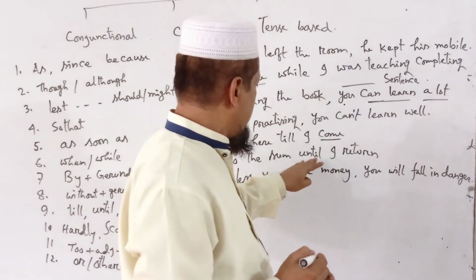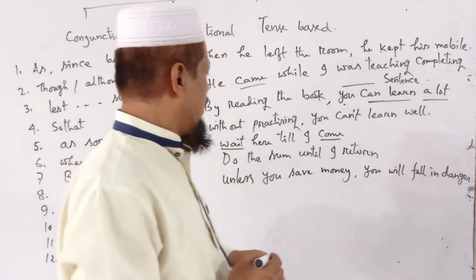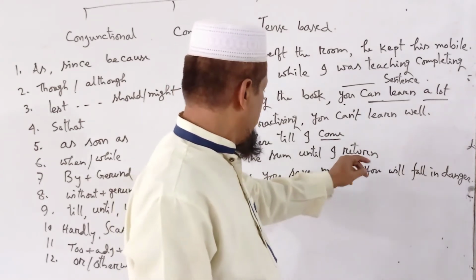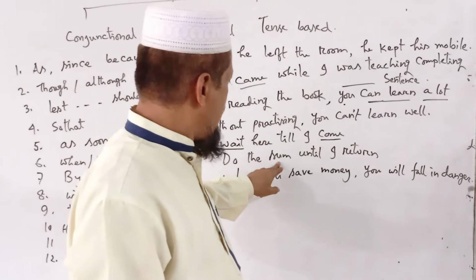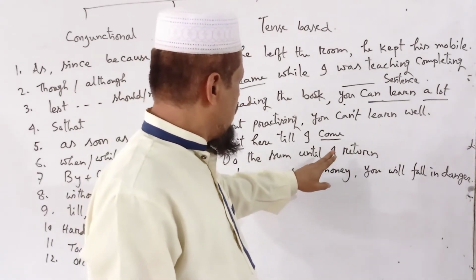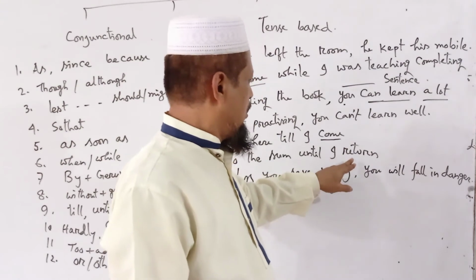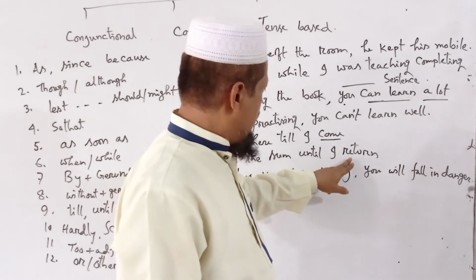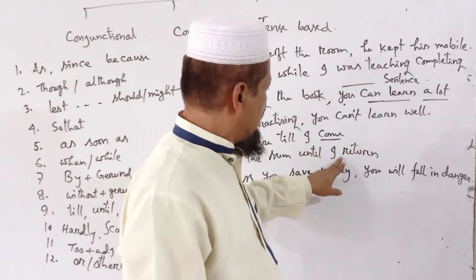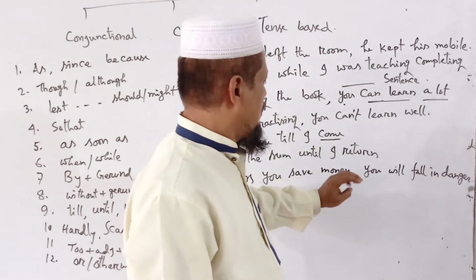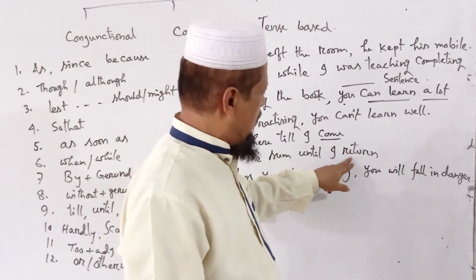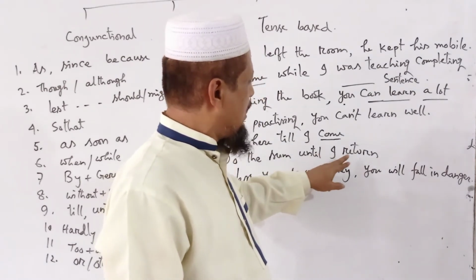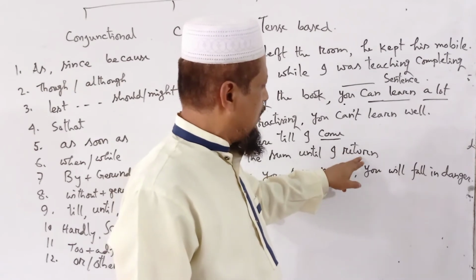If the sentence is connected with until, then you will add a positive verb that expresses affirmative meaning, such as do the sum until I return. You should not intermingle negative words here. Here I wrote return. I didn't write I don't return. Negative meaning is completely avoided here. In case of until, you should not use a negative word or negative meaningful verb.